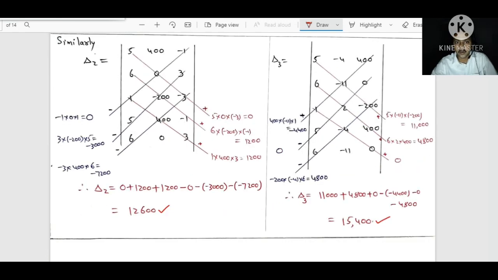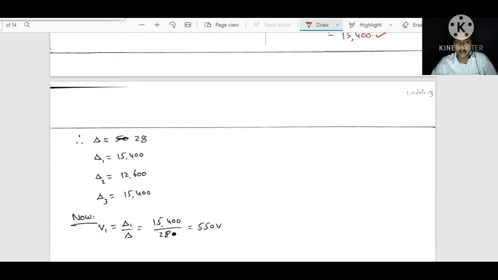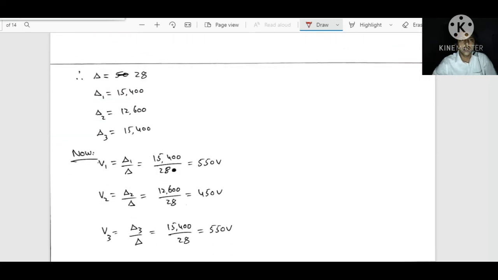After finding these delta values, delta is 28, delta 1 is 15,400, delta 2 is 12,600, and delta 3 is 15,400.